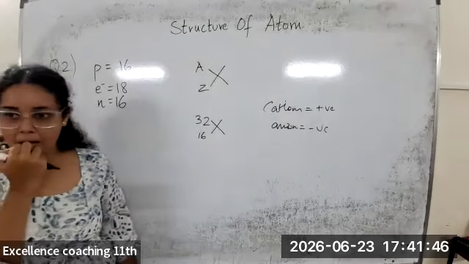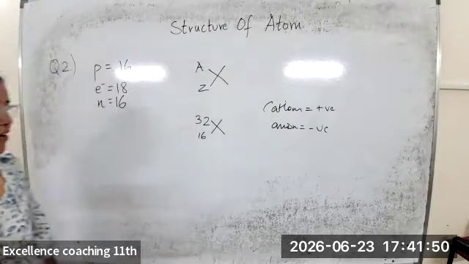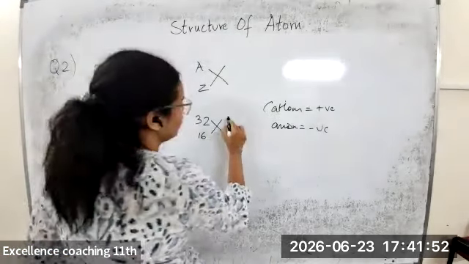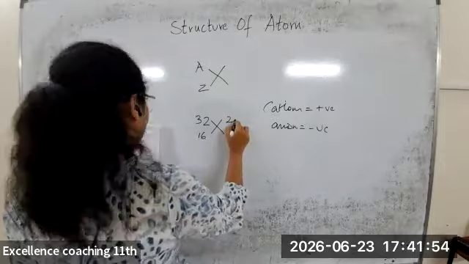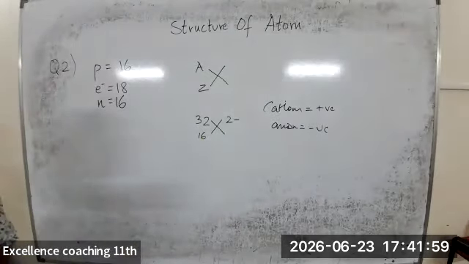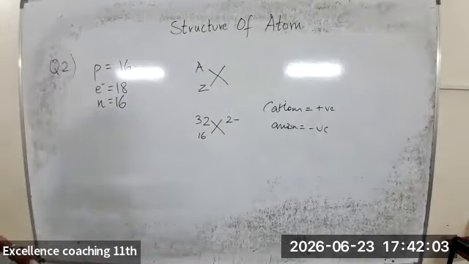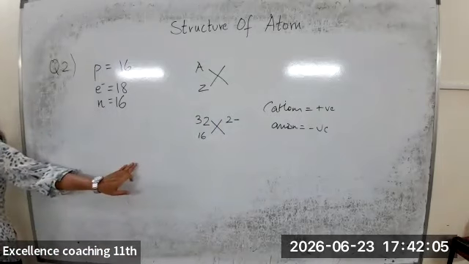What will it be? Negative. So basically it will be 2 minus. Some people prefer to write minus 2, but that is not that appropriate. So you write 2 minus. All understood why 2 minus?